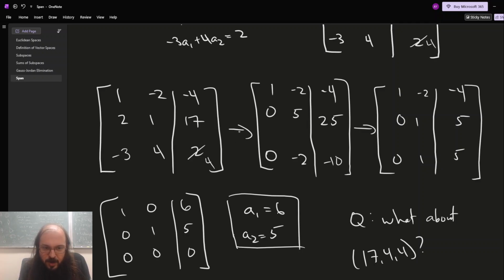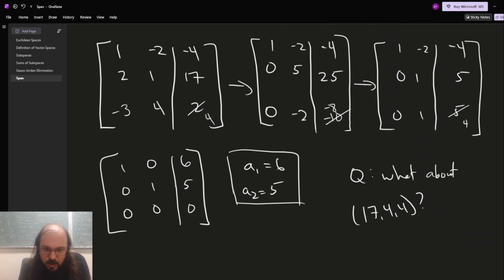And then the step that I did was I added row 1 to row 3 times. So if this number is bigger by 2, this number is also bigger by 2. And then when I divide by 2, this number is smaller by 1. And that means this number down here is also smaller by 1 because I subtracted.